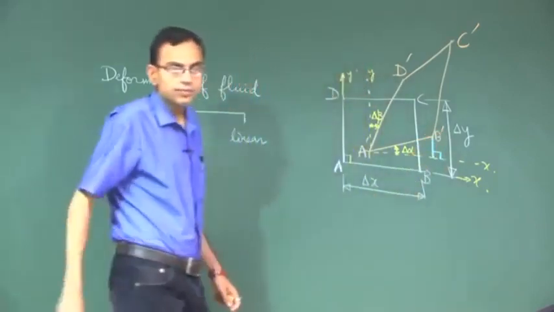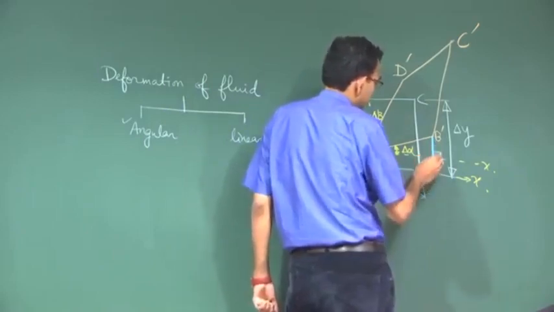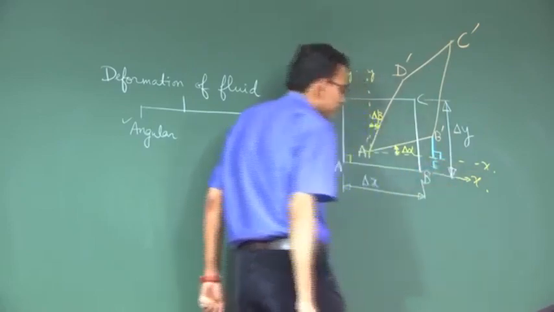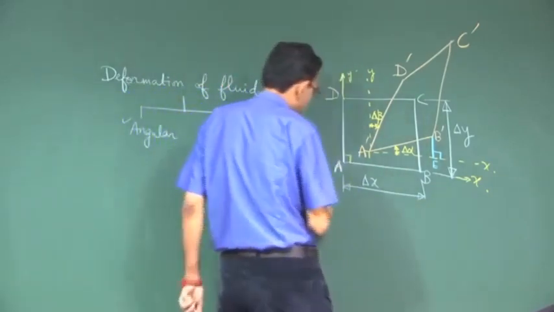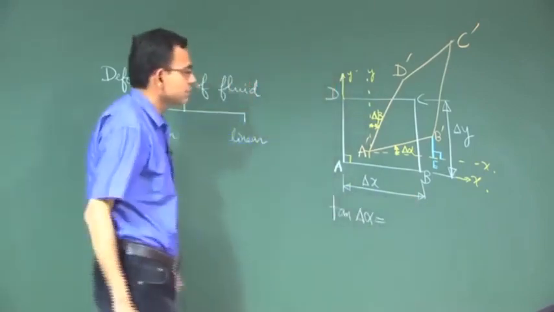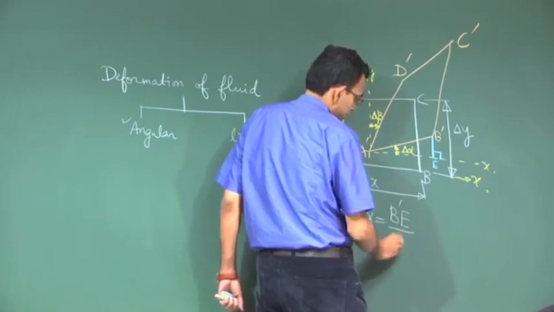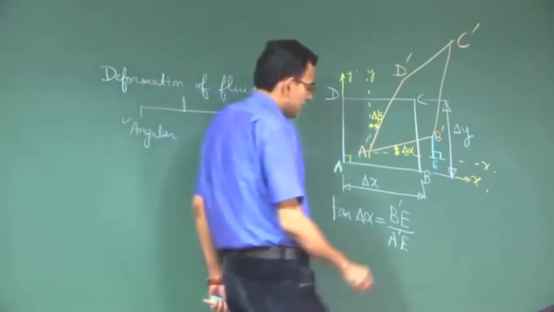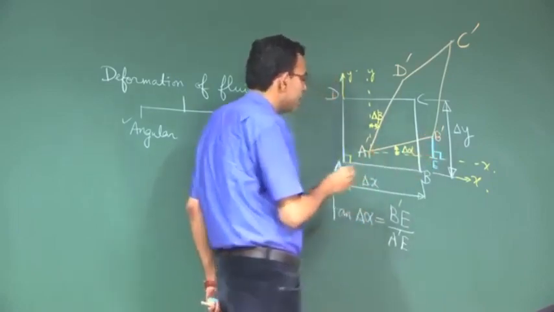We drop a perpendicular here and let us say that this point is E. So, tan of delta alpha, so this B dash E, how do you estimate this length?